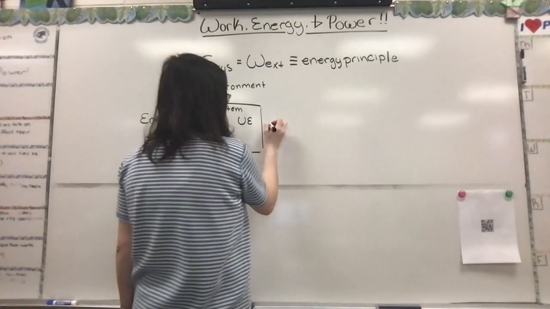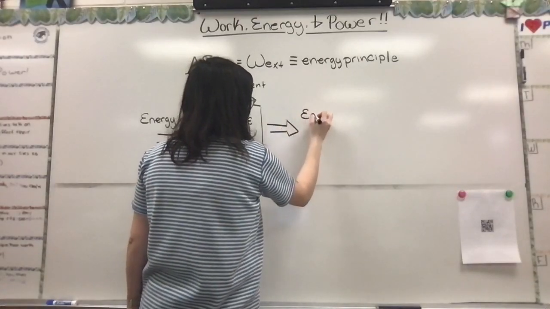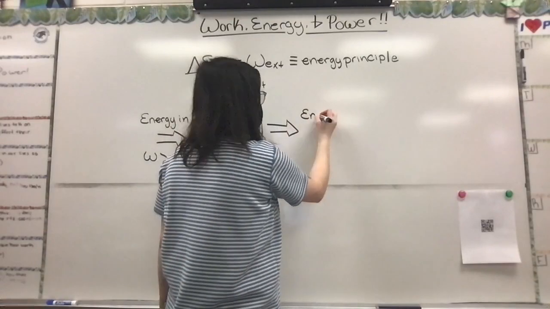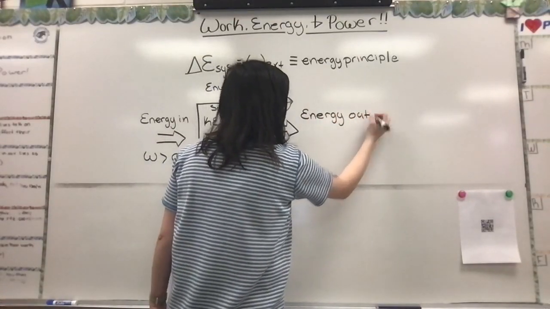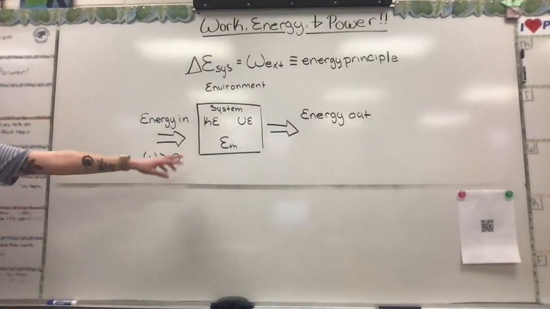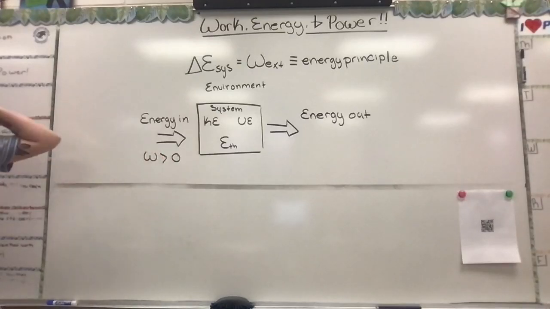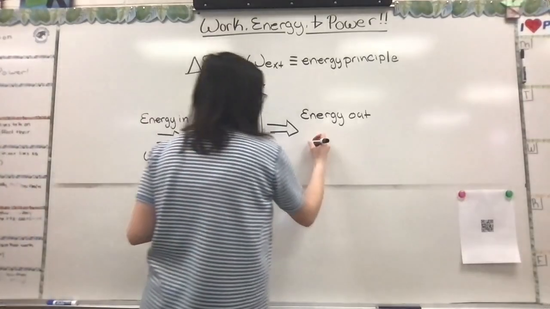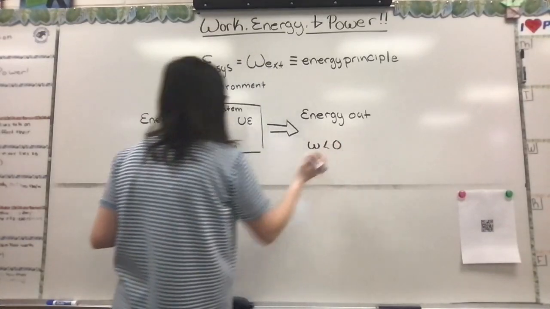But sometimes we also have energy out. We don't do as much with thermal, but we still mention it because thermal energy is often caused by friction, which we use a lot. When we've got energy out, the work is actually going to be less than 0.